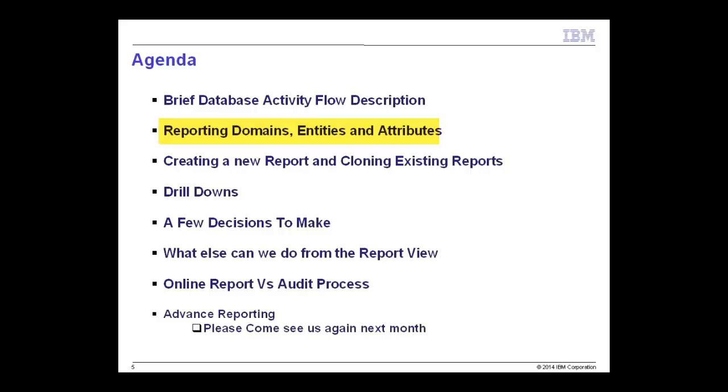So we're going to go through all the reporting domains, what is an entity, attributes, how to create a report, drill downs that we use to gain more details on the information that we are seeing, decisions that we make when we are creating a new report, and a few functions that we can invoke from the screen that we use to view reports, and a very brief description of how we use audit processes and the advantages and disadvantages of using an audit process to see the report.